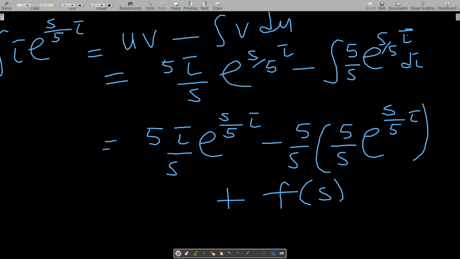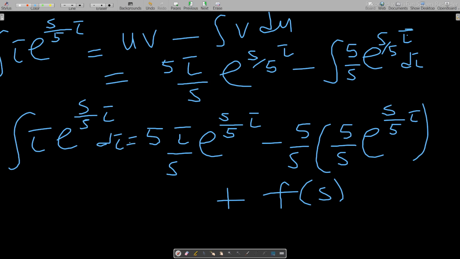So this is the integral of tau e to the power s over 5 tau with respect to tau.